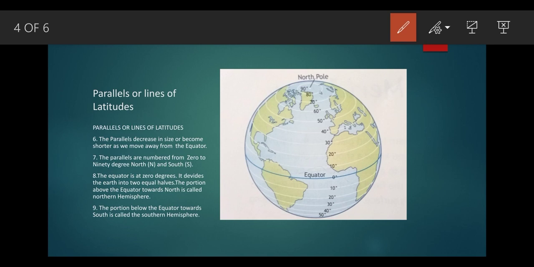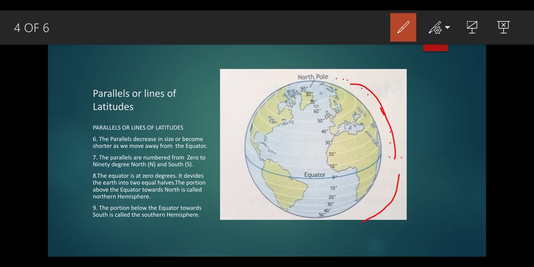You can see this equator is the longest parallel, but when it is moving towards the north pole, the circle is becoming small. So their size decreases when these parallels move towards the pole, either the north pole or the south pole. We can see the size of these parallel lines decreasing.